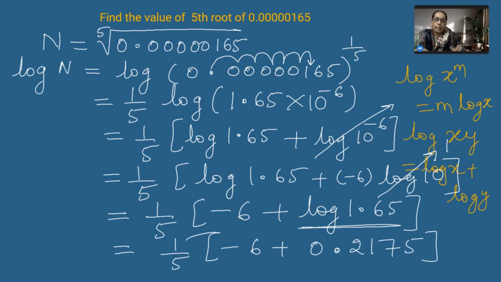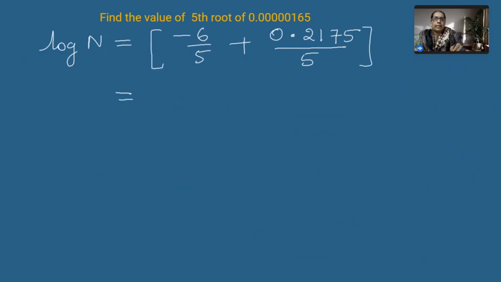Now 1 by 5 we will distribute over the bracket and divide minus 6 by 5 as well as 0.2175 by 5. Minus 6 by 5 is minus 1.2, and this.